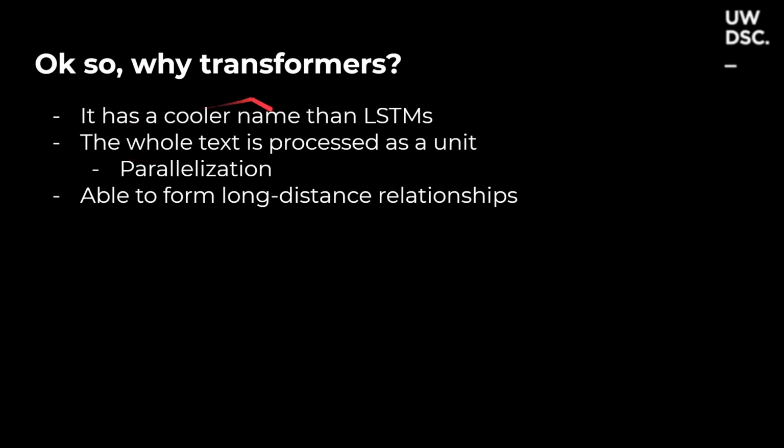And as I mentioned before, transformers feed in all the text in a sentence at the same time. So that provides a lot of opportunities for parallelization. And as I've mentioned before, GPUs are really good at parallel operations. So when your model can process stuff in parallel, it trains faster. It's just better.